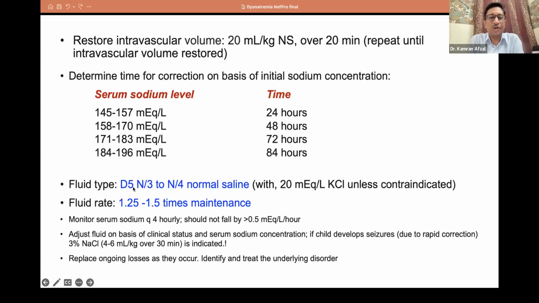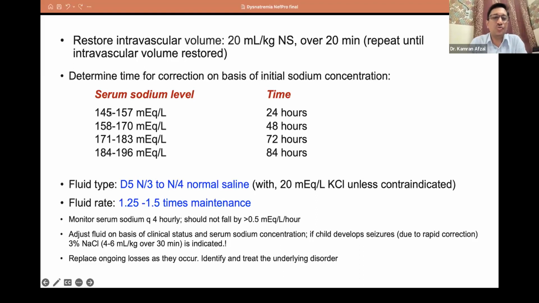So we may use a fluid like N/3 or N/4 in D5 to start with, and add potassium unless it is contraindicated. Once urine is established, we can even add potassium to this. And we simply increase the fluid rate to 1.25 to 1.5 times the maintenance and give it over the period of 24 hours or longer, depending on the level of serum sodium.